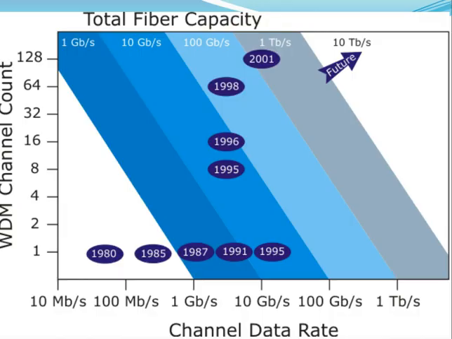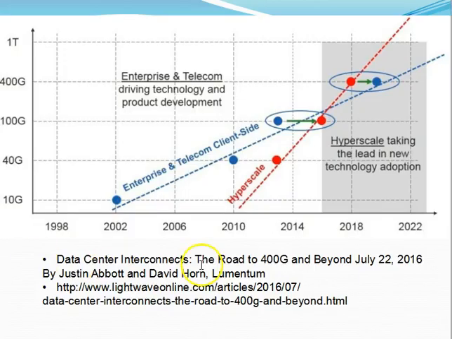So we need high capacity systems to be able to have high data rate communications. It is expected that hyperscale will take the lead in new technology adoption from 2018 onwards. Previously, these data communications were monopolized by enterprise and telecom, but in the future hyperscale will take the lead.